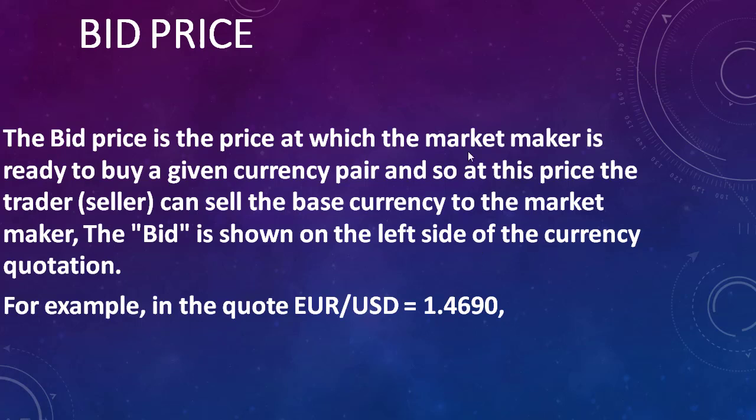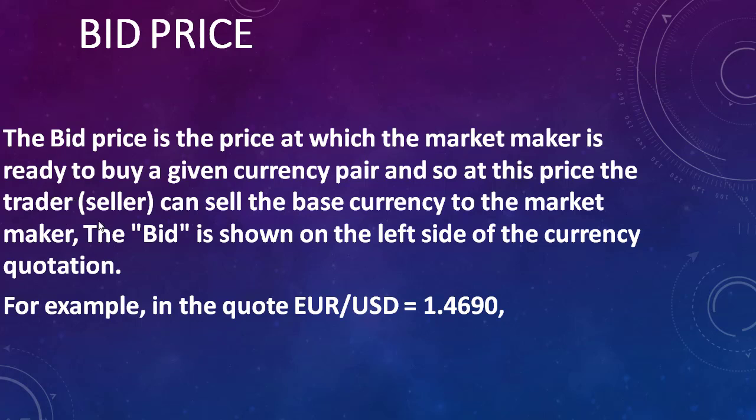So let's say you are in South Africa and you have some rand and you want to exchange your rand for US dollars. What you do is you go to the bank. The bank in this case is the market maker, while you are the trader. I want to paint this picture now.